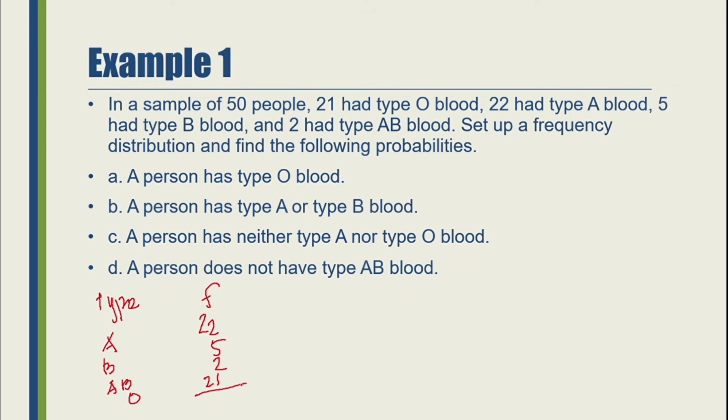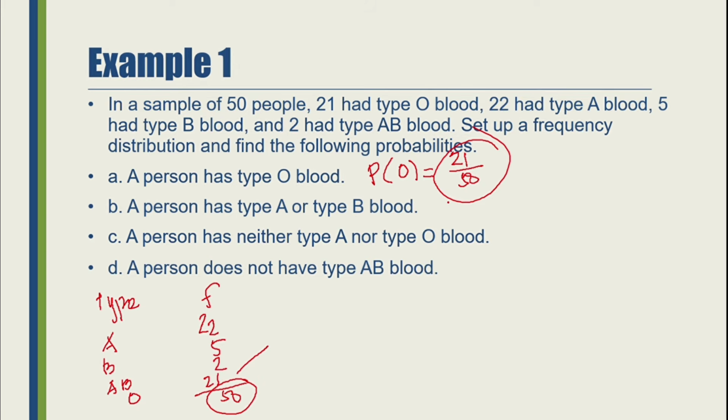So the total frequency is 50. Okay, the first question is: find the probability that a person has type O blood. Based on the frequency, the probability of O is equal to 21, the frequency, over the sample space, which is 50. So this is the probability that a person has type O blood.